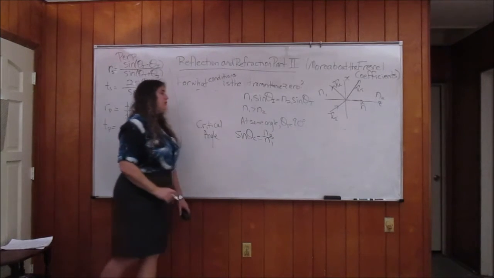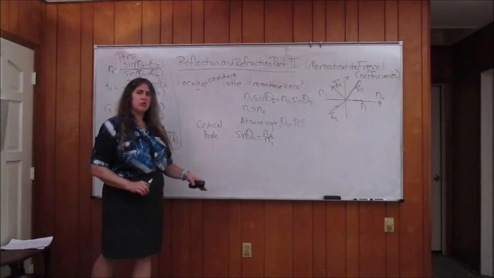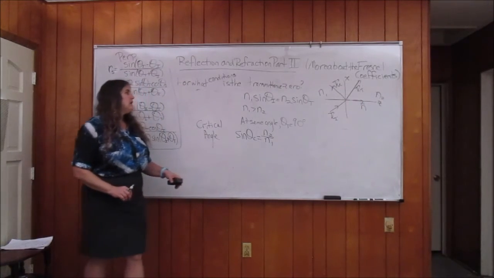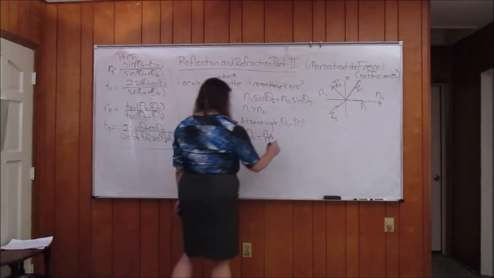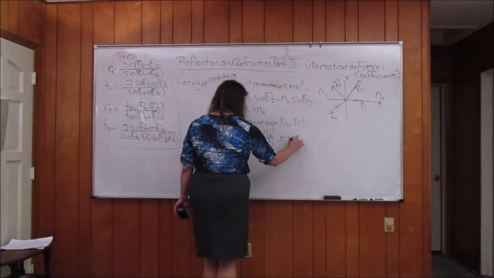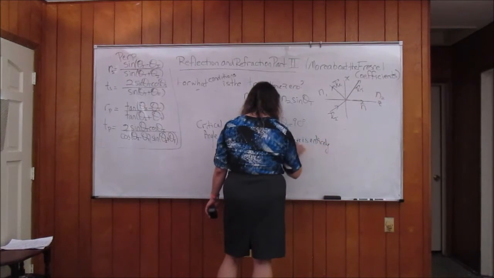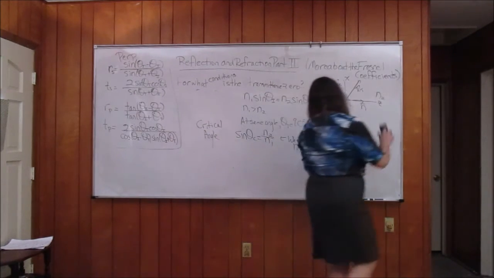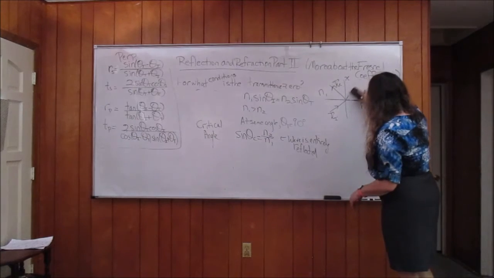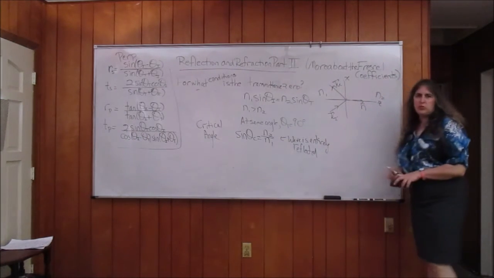And that is equal to N2 over N1. From any angle beyond that, we're not going to have any more transmittance. We will have perfect internal reflection. The wave is entirely reflected, and in that case, we just have a reflected wave vector.